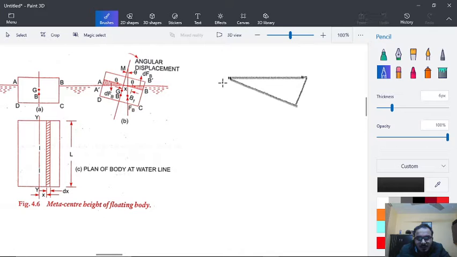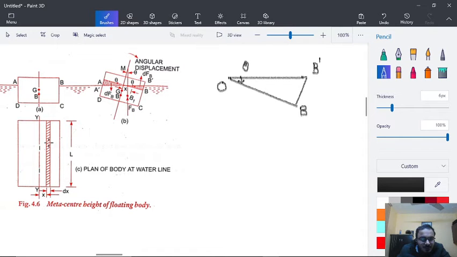Let's say this to be O, B prime and B, and this is the angle theta.